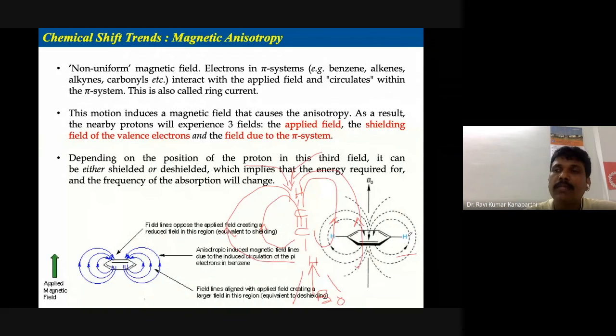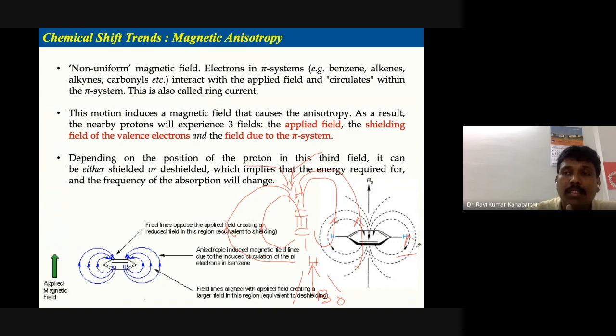So opposing the applied magnetic field is called the diamagnetic region, and increasing the magnetic field is referred to as the paramagnetic region. So the proton on benzene or ethylene is in a paramagnetic region. Therefore, the chemical shift values will be higher.